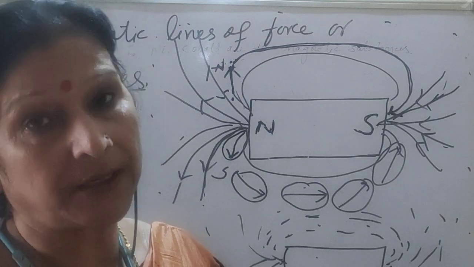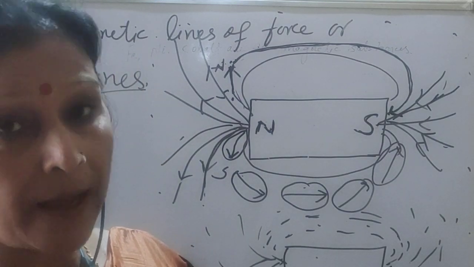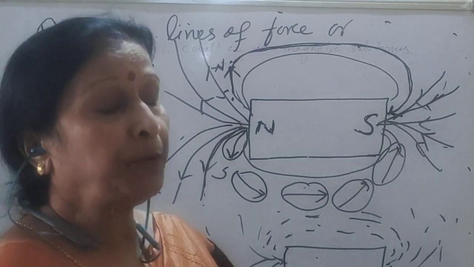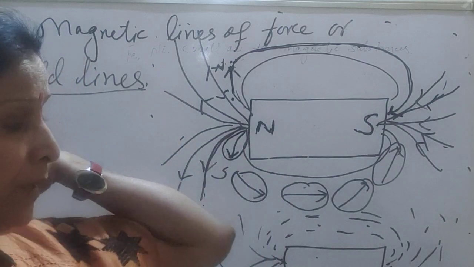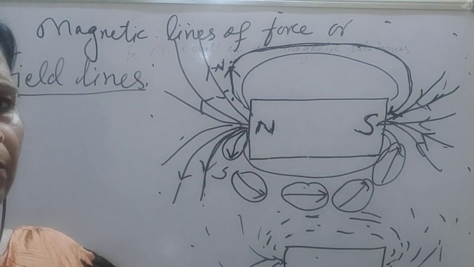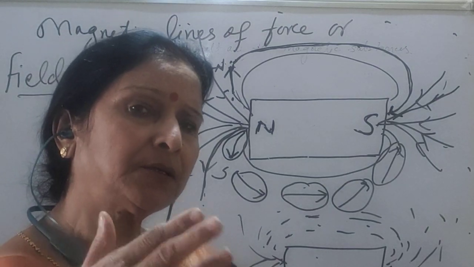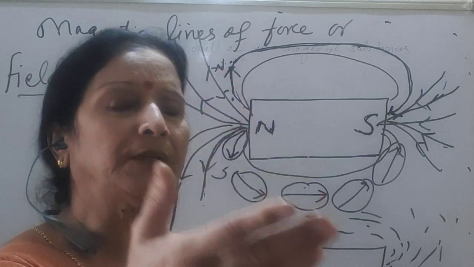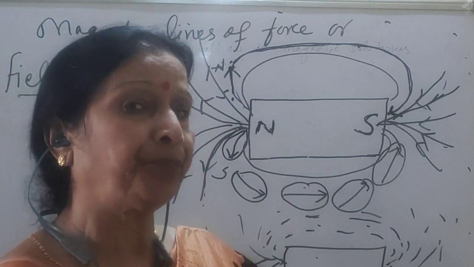Because, children, you can ask me that iron filings are not magnets, so why does it happen? So children, before this topic, I had to explain that one. In the presence of a magnet, if we bring a magnetic substance, the magnetic substance gets magnetized. Their domains become collinear. Okay.